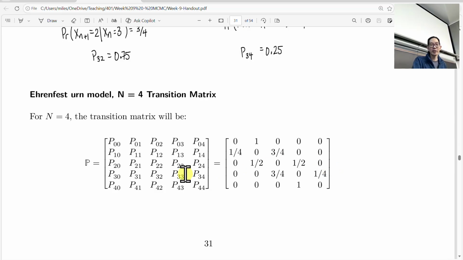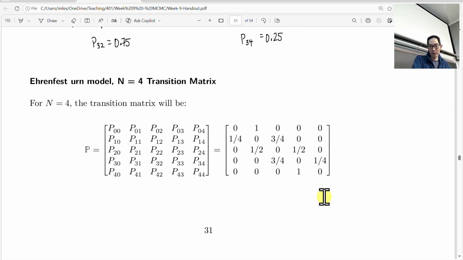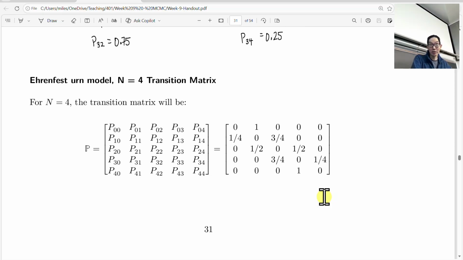Then 3 to 2 is 0.75 or 3/4, and 3 to 4 is 0.25 or 1/4. 0 for everything else, and then you can follow the same logic, and this will be your transition matrix. This represents all of the transition probabilities of the transition matrix here.